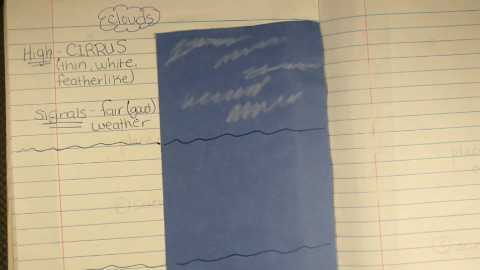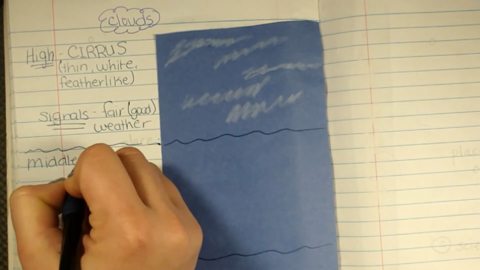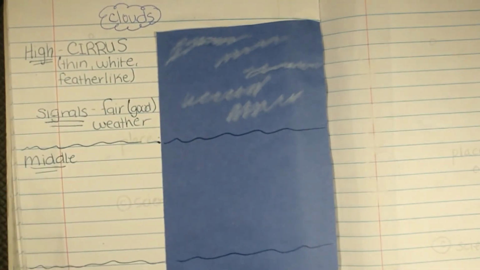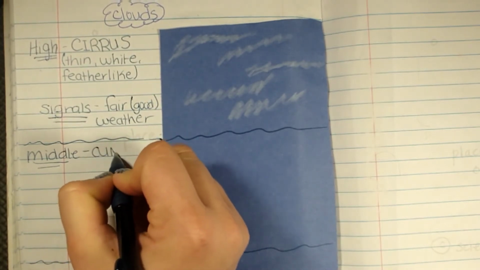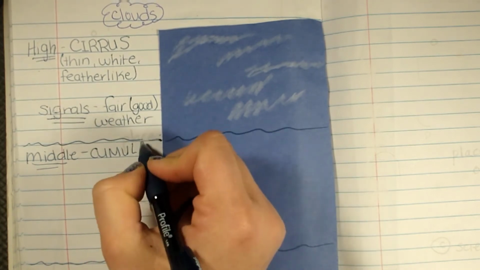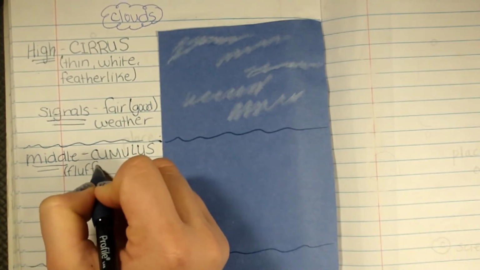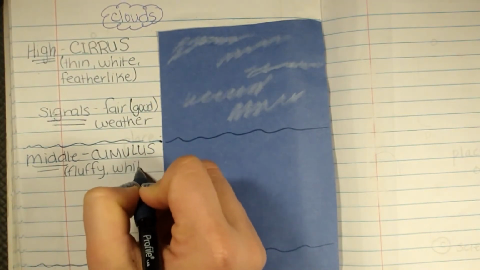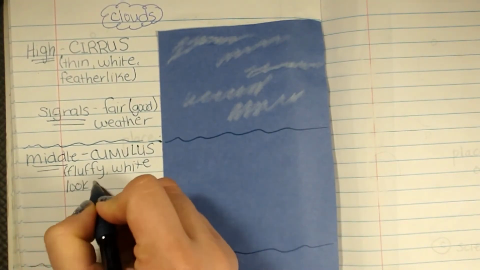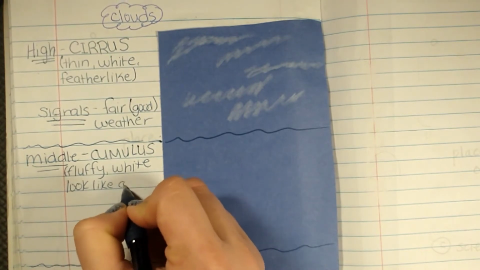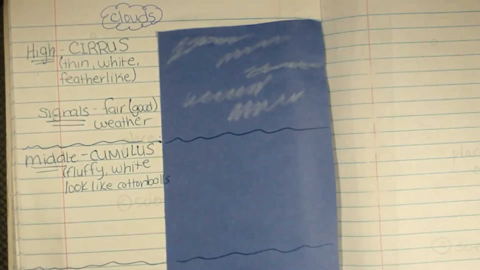Okay, the next one is middle. So it's closer than cirrus clouds, but not as low as the others. Middle clouds are called cumulus clouds. They are the fluffy white ones that look like cotton balls. These are the ones that a lot of people guess what they look like.